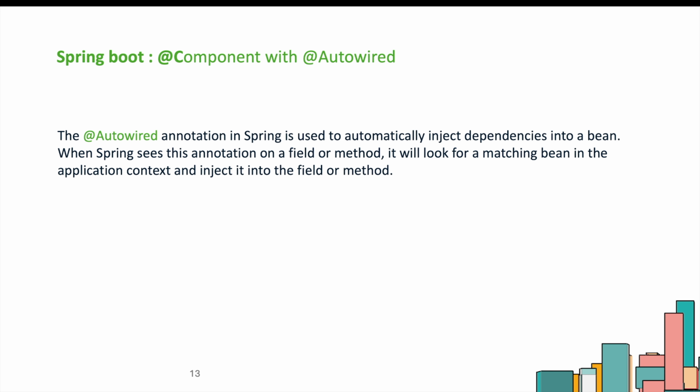As I said, @Autowired is another annotation. By using this, we can inject a different object into a target object or target bean. A target bean is nothing but the parent or base object or bean. A dependent bean means the sub object, or the bean we are going to inject.